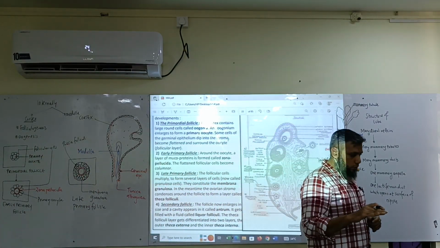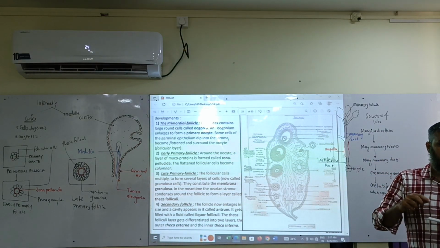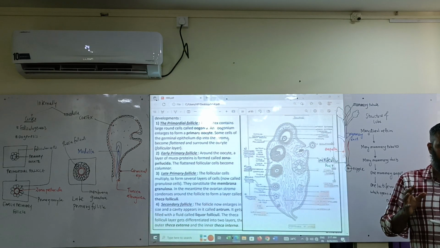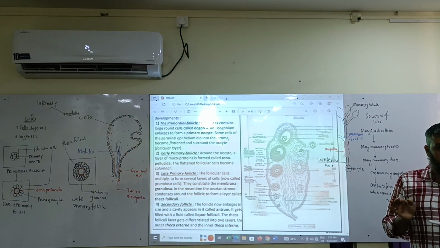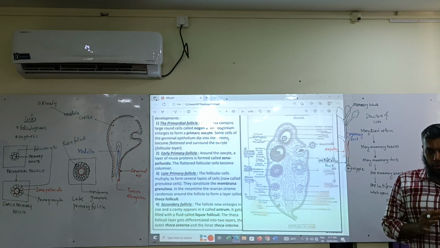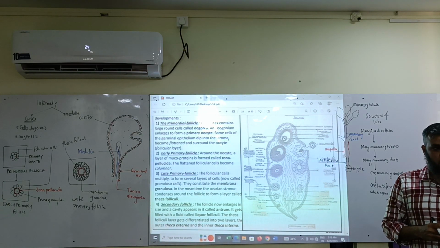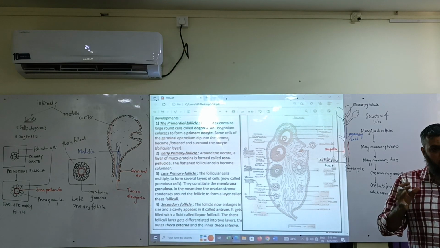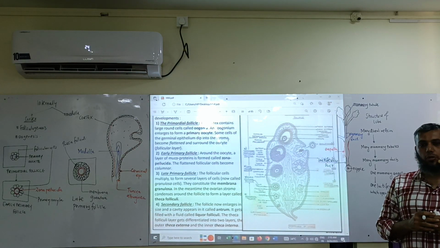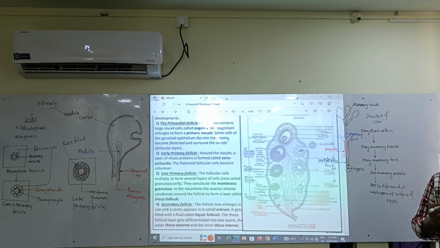So you got the transverse section of the ovary, and I said that the ovary has the outermost covering of the germinal epithelium, followed by the tunica albuginea. Internally we divided it into outer cortex and inner medulla. The medulla shows the presence of blood vessels and nerves. Outer cortex shows the presence of many developing follicles, and that process is called folliculogenesis. Inside the follicles, there is development of the ovum, that is called oogenesis.